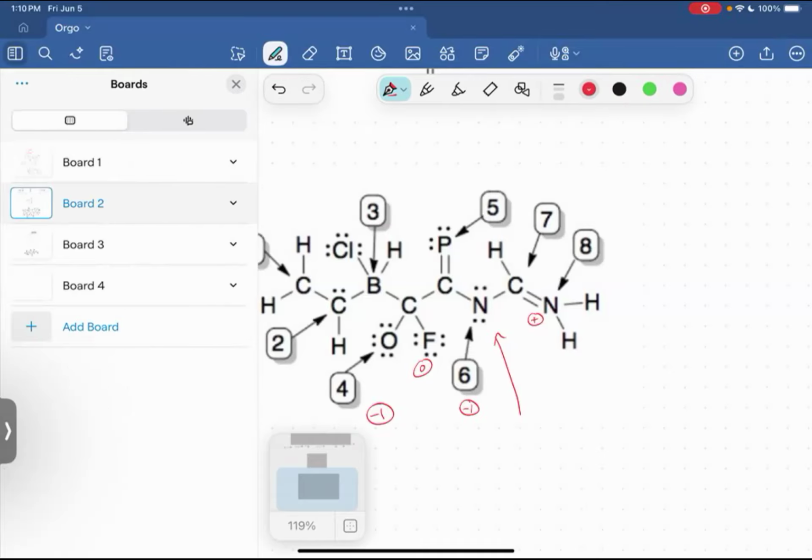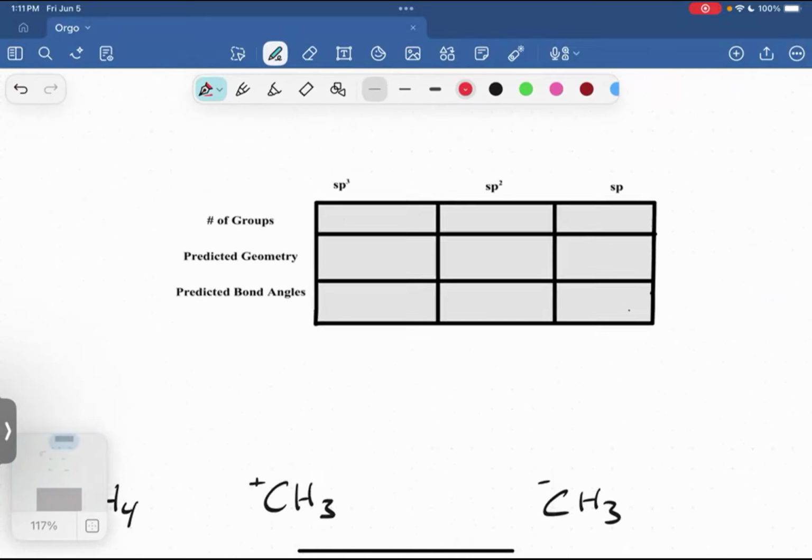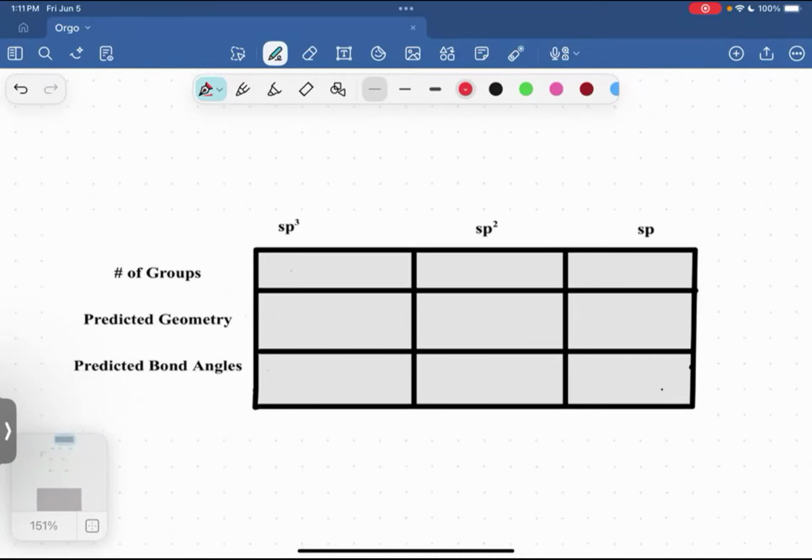Now I wanted to talk a little bit about hybridization. Here's this table we're going to think about. For something to be sp3, it needs to have 4 groups. sp2 is going to have 3 groups. sp is going to have 2 groups.